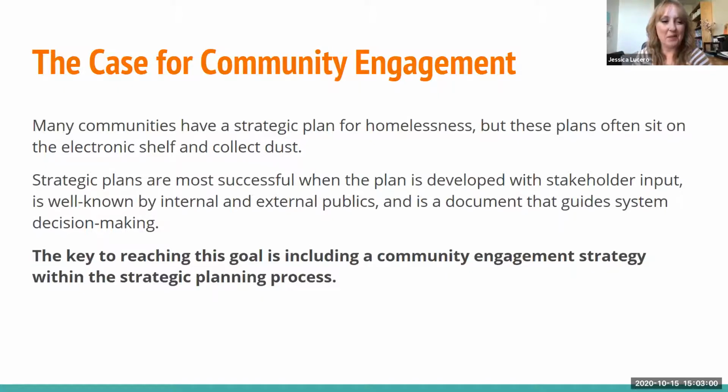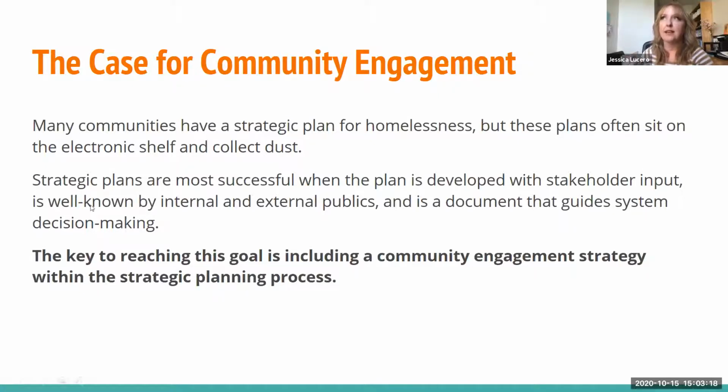Okay. Strategic plans are really going to be the most successful when there is stakeholder input in the whole process, when it's a well-known plan by both internal and external publics, and when it's a document that actually guides system decision-making.